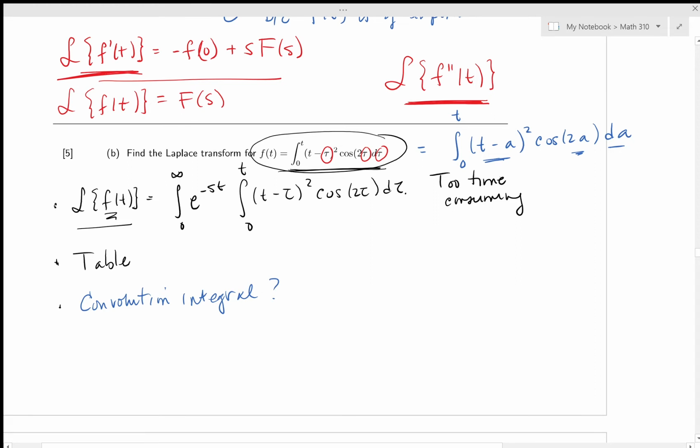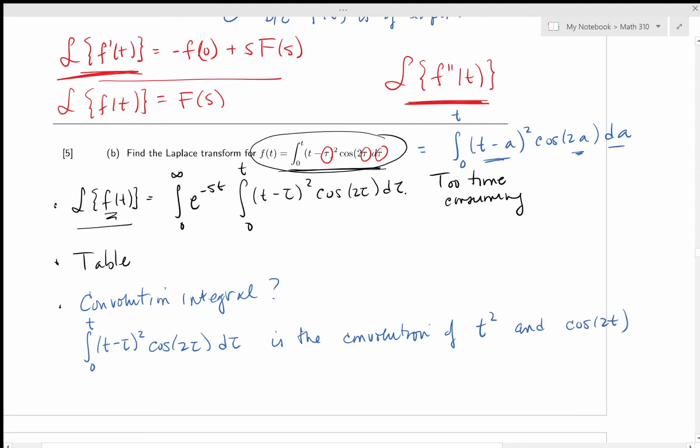That's the thought process: convolution integral. So what does that mean? If I was going to do a convolution of two things, what would that be the convolution of? This integral, t minus tau squared cosine 2 tau d tau, is the convolution of t squared and cosine 2t.